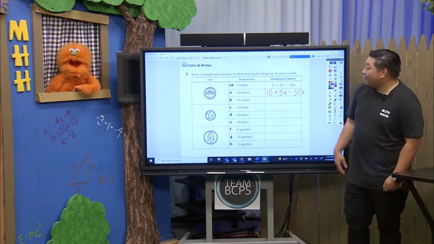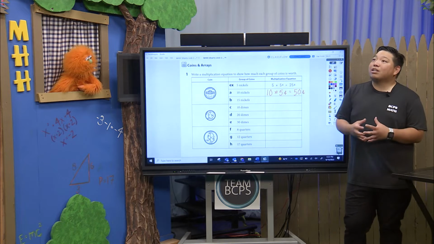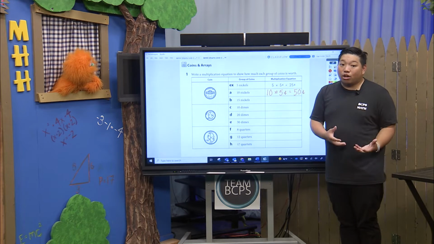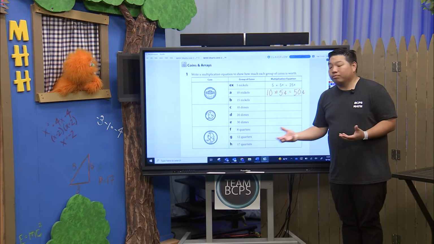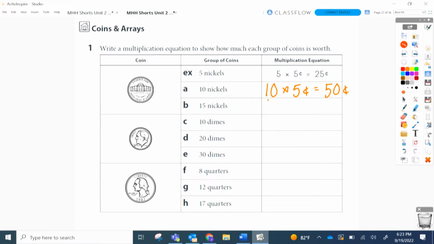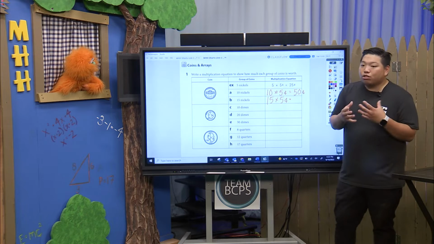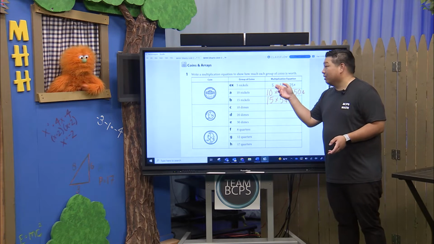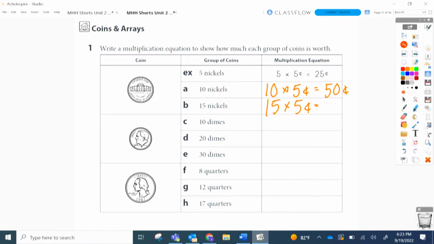All right, 15 nickels. And this is cool because when we think about multiplication, we could always use what we know to help us solve for what we don't know. So for example here, we're going to write the equation 15 times 5. But instead of starting from scratch, let's use what we already know. We already know how much 5 nickels is, right? 25 cents.